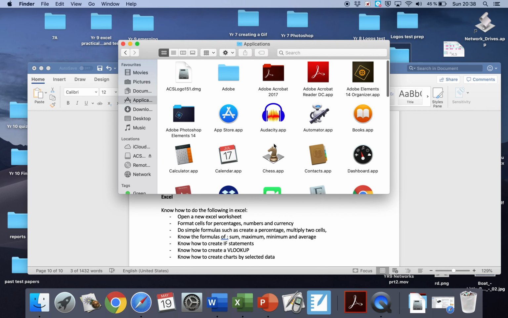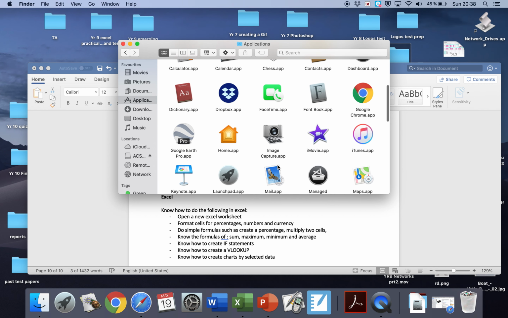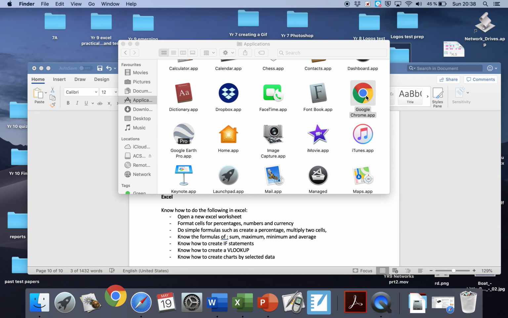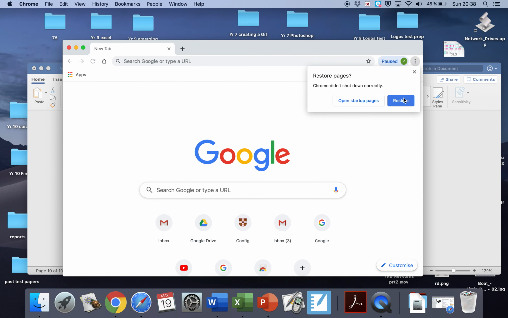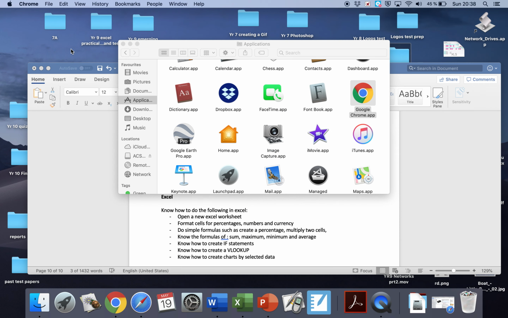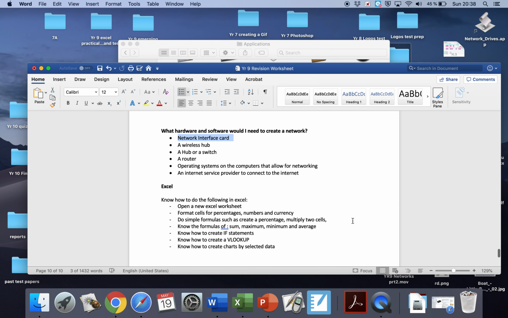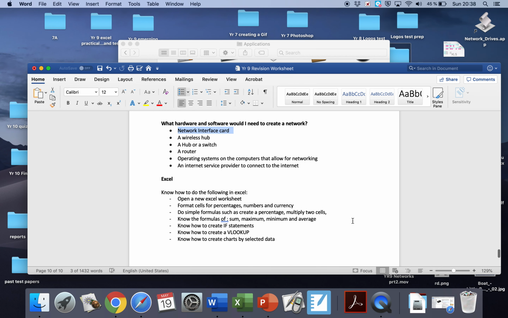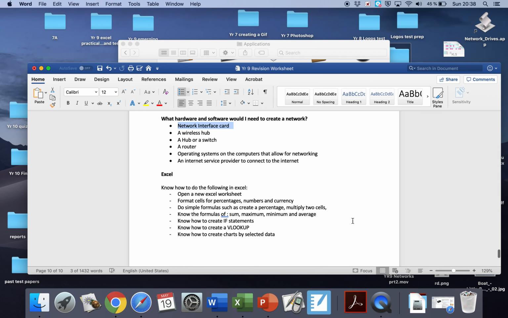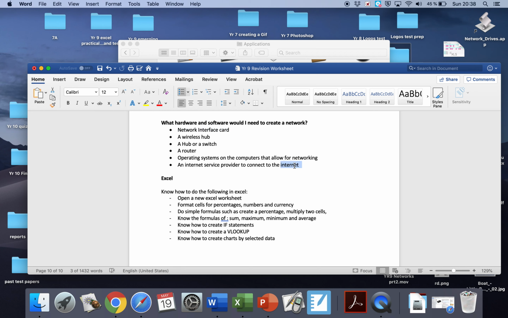Off the top of my head, I can't see anything, but of course, this internet browser allows us to connect to the internet as well. We would also need an internet service provider to connect to the internet. All right, so in Monaco at our school, I believe we purchase our services from Monaco Telecom, and they allow us to connect to the internet.